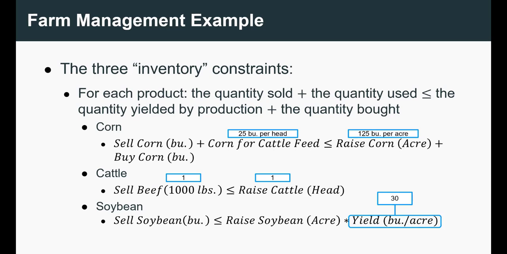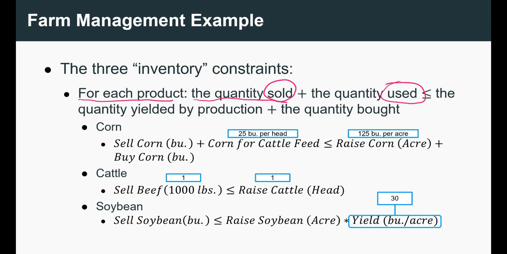For the first one, there's actually something in common for all three constraints: for each product, there's a relationship between the quantities sold and the quantities used, for corn, soybean, and cattle.